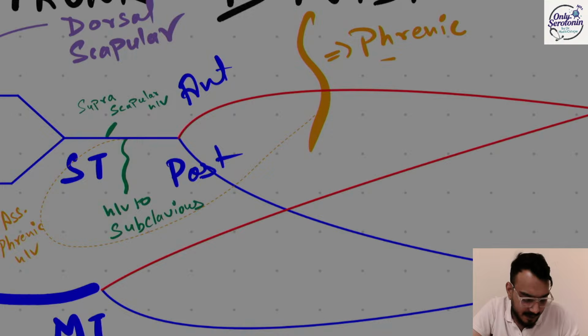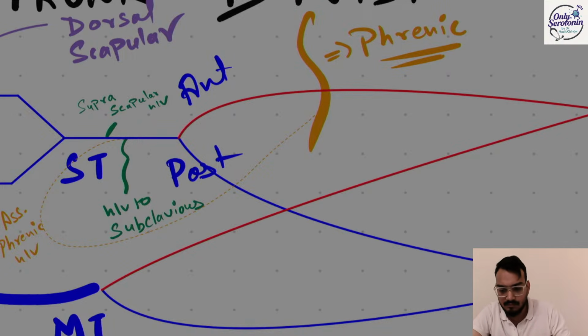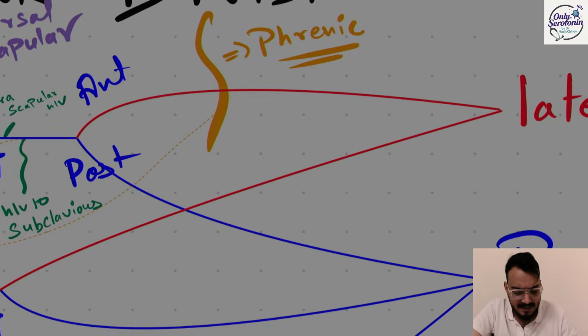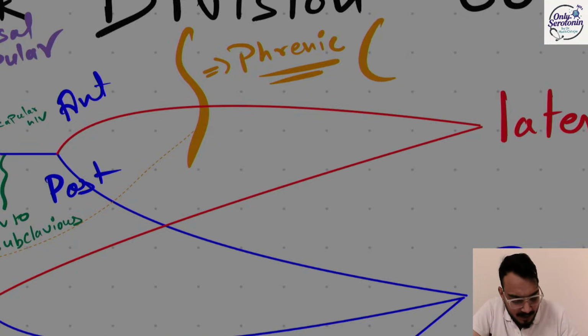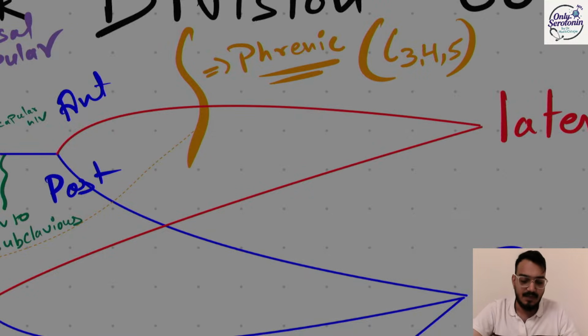Phrenic nerve is supplying to, yes, guys, it is supplying to the diaphragm, and the root value of this phrenic nerve is your final year question, final exam question, that is C3, C4, and C5.